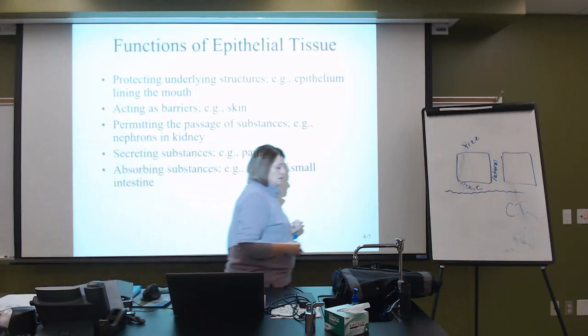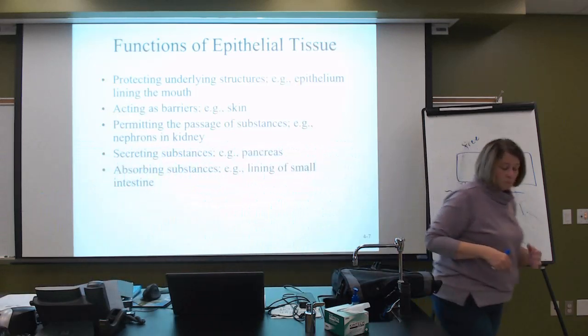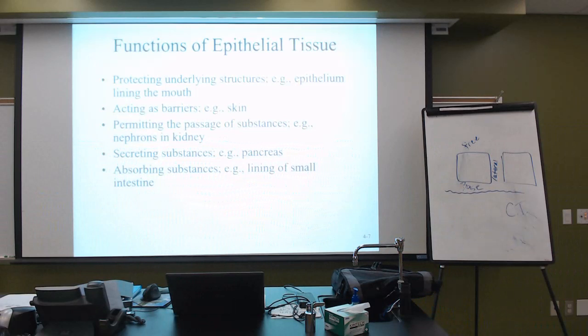The function of this tissue: protect underlying structures. Our skin, because that's the largest one that this tissue is going to make up, okay? And the fact that it makes up the linings of anything for our body that meets the outside world, okay?